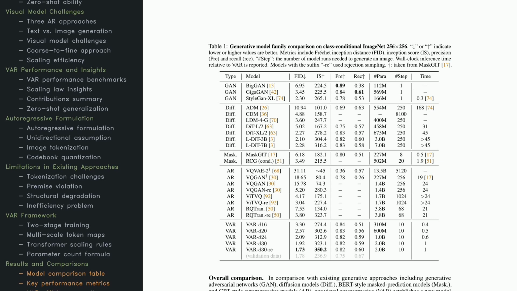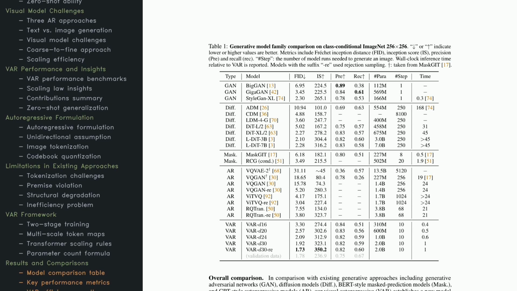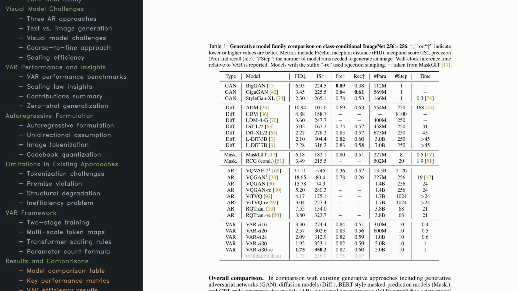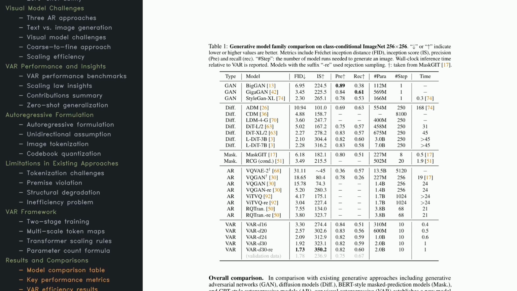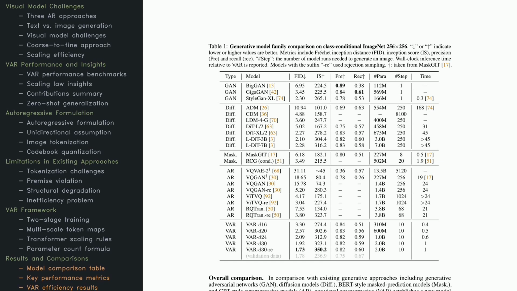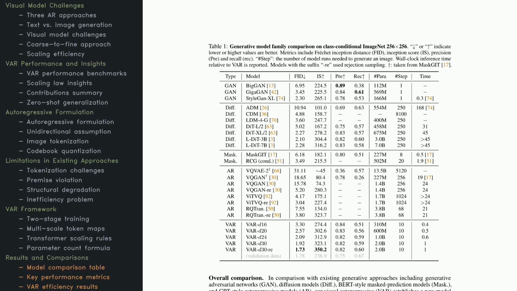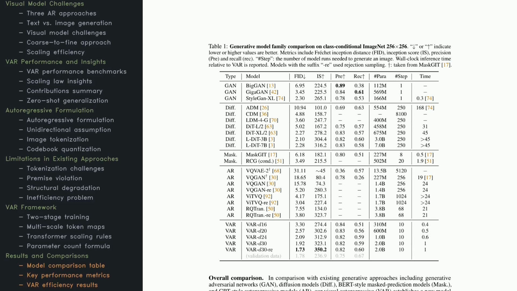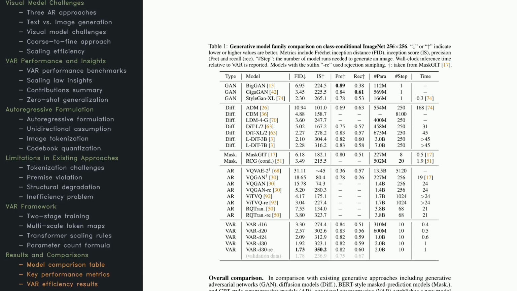AR models such as VQGAN are listed too. Anyway, when you look at VAR, you see that even smaller variants like VAR-d16 and VAR-d20 achieve much lower FID scores than the older AR models and do it faster, taking less than a second. This shows VAR is both high quality and efficient.